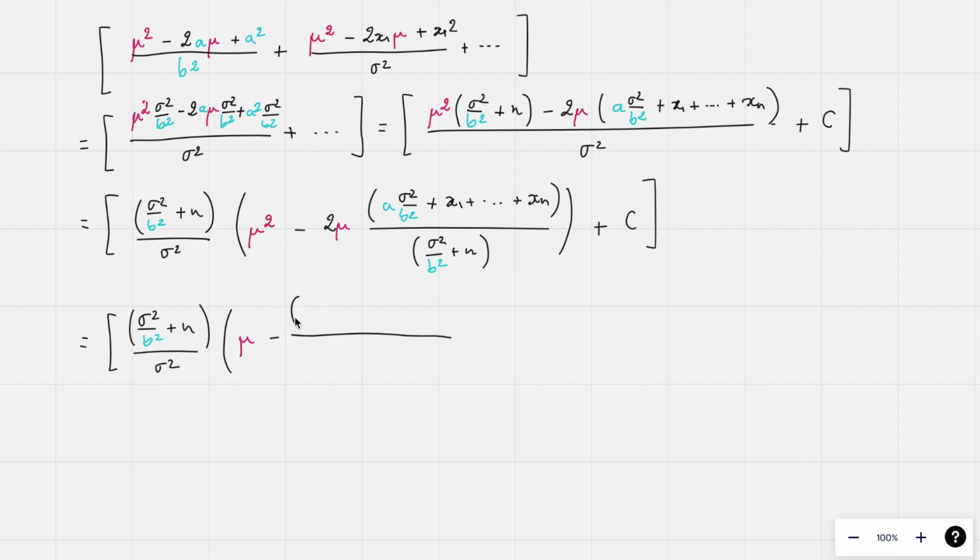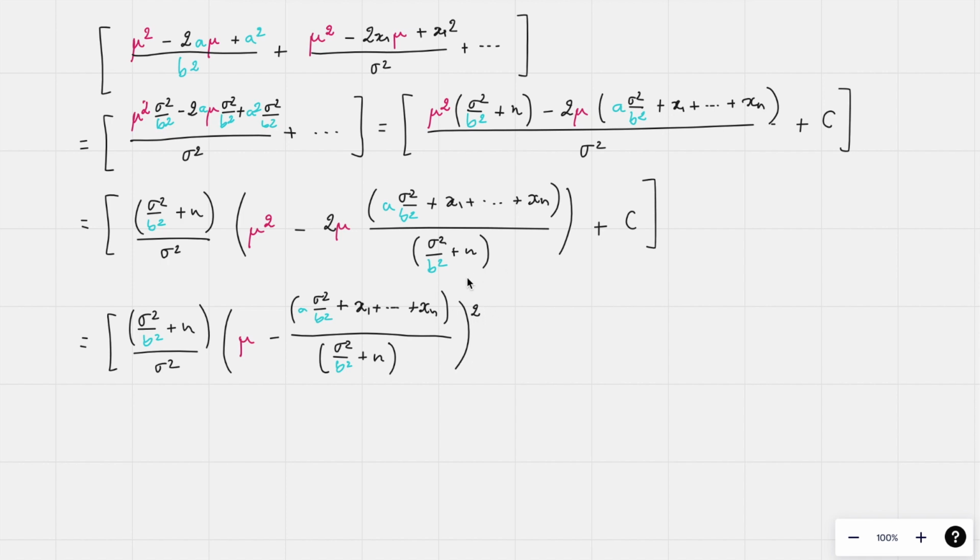So here we go, we write it. A sigma squared divided by b squared plus the terms here, x1 to xn, and the denominator doesn't change. Here is the same. So I can write it like this and square the whole thing here.